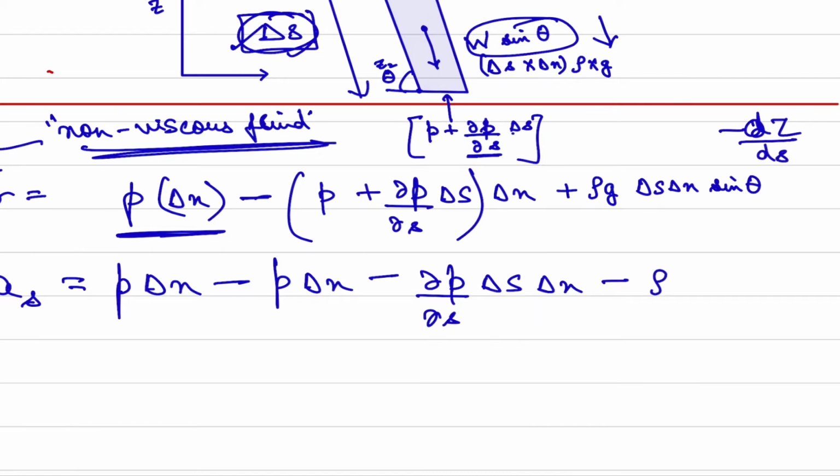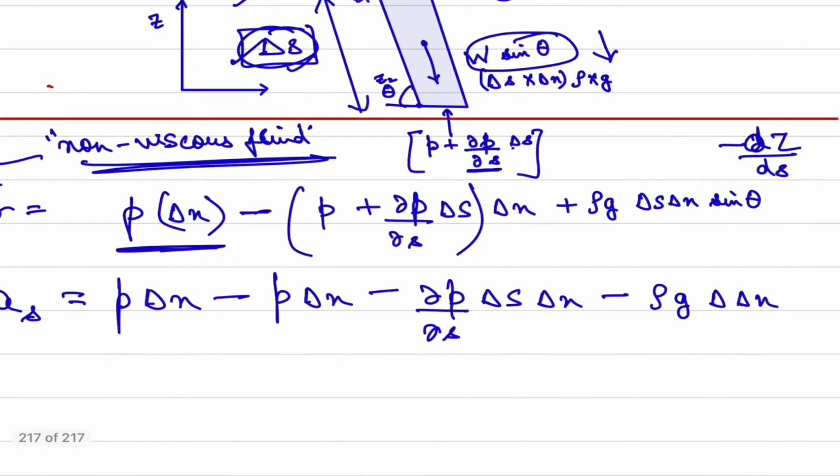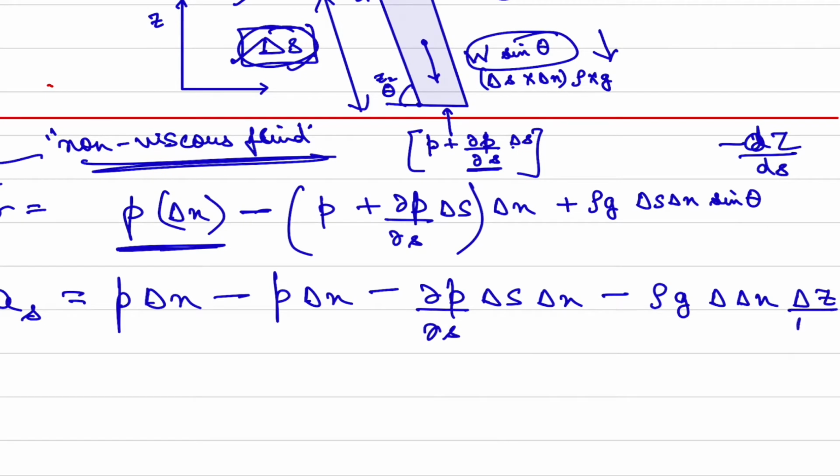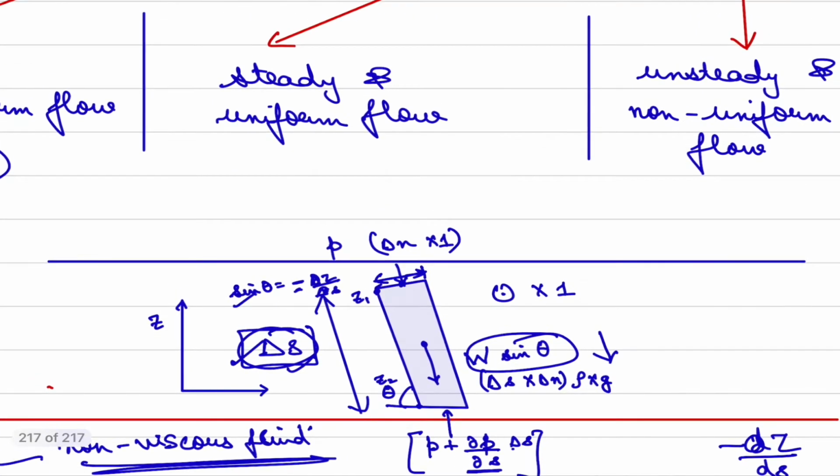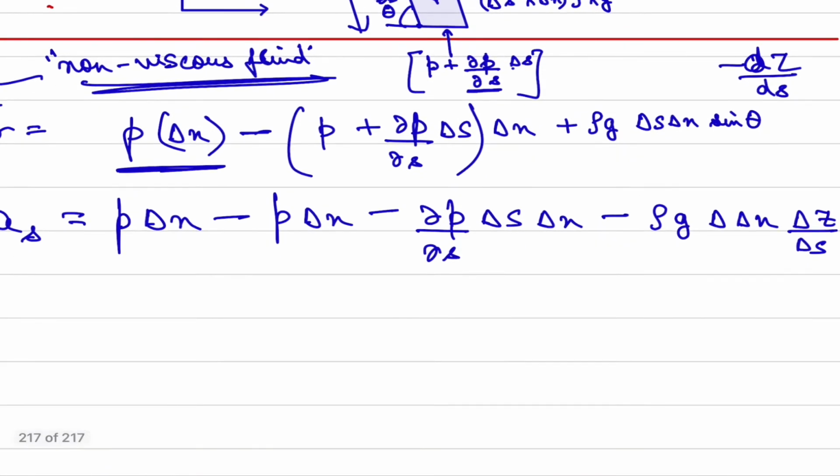So we will write this as rho g del s into del n. Sine theta is given by del z upon del s. As we discussed here, sine theta is del z upon del s, and this negative sign would take care of that.